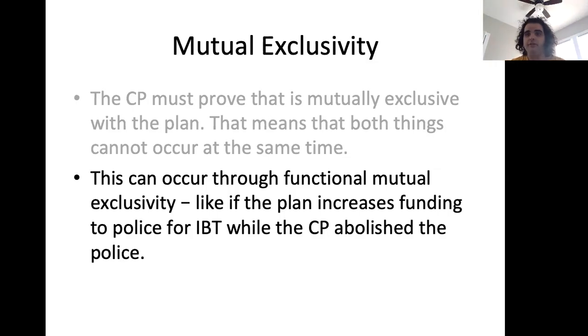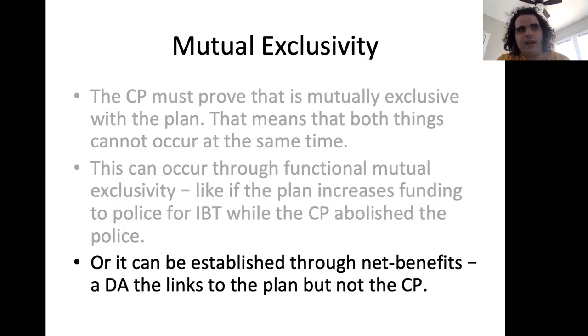No more funding, zero funding. We're going to reduce all the funding to the police. They're not going to exist anymore. Those things are functionally mutually exclusive because you cannot both give money to the police and get rid of the police at the same time, right? So that's functional mutual exclusivity, that the two things literally cannot occur at the same time.